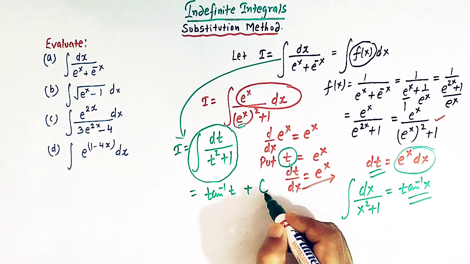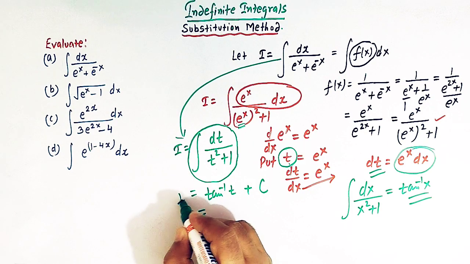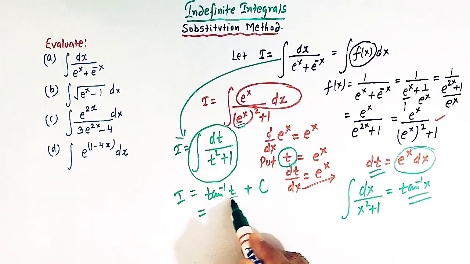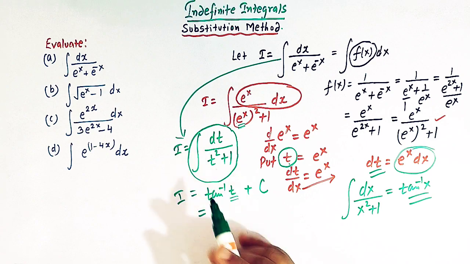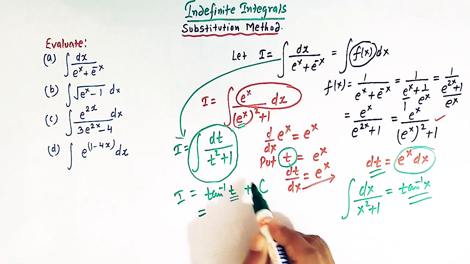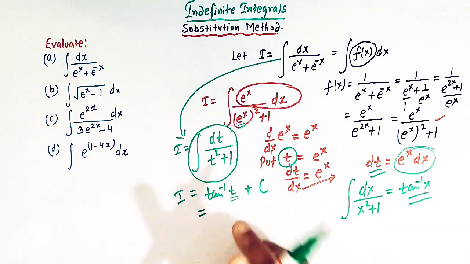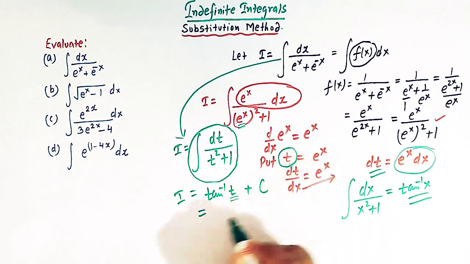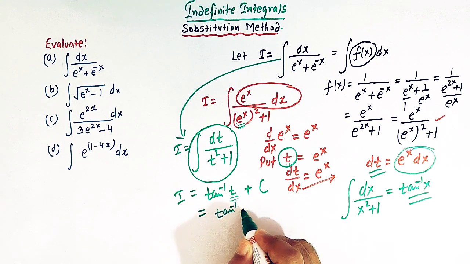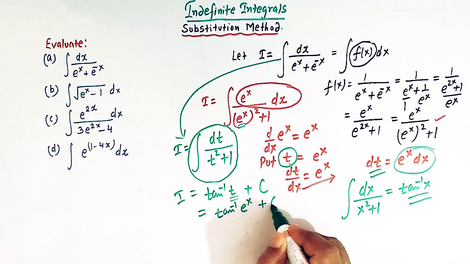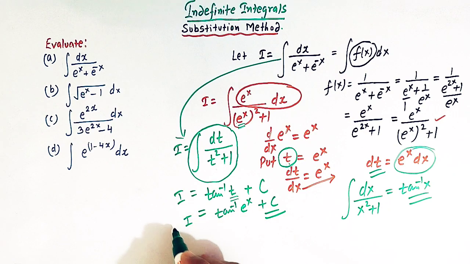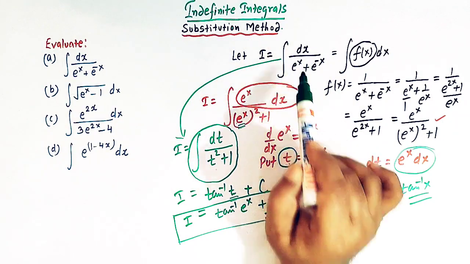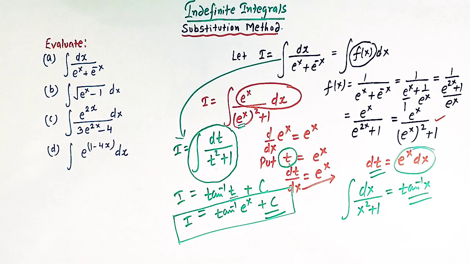So c is the constant of integration. Now this is the integral of this function, but here we have the variable t. So while writing the final answer, we'll express the final result in terms of x. So replacing t by e raised to x, we have tan inverse e raised to x plus c. So this is the indefinite integral of this function.